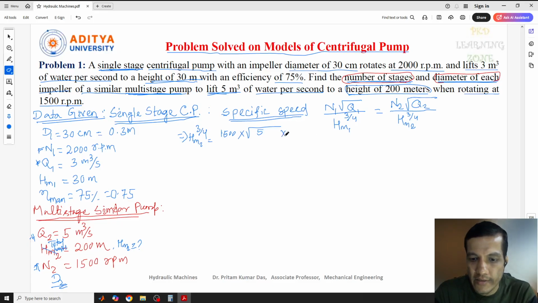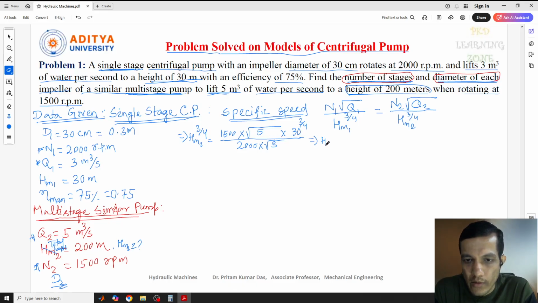So I can write hm1. hm1 how much? 30. So 30 to the power 3 by 4, divided by n1. n1 equal to 2000 into root over q1, this is 3, and from here we can find out the value of hm2 to the power 3 by 4.